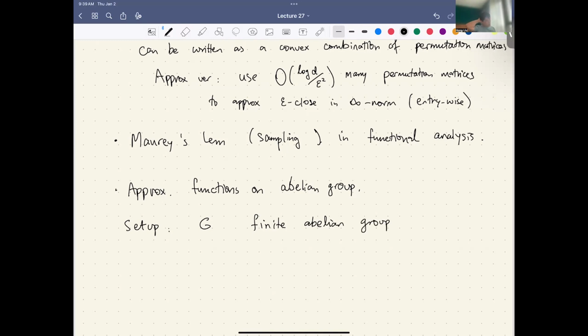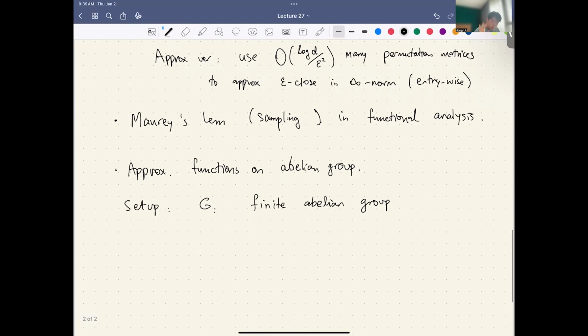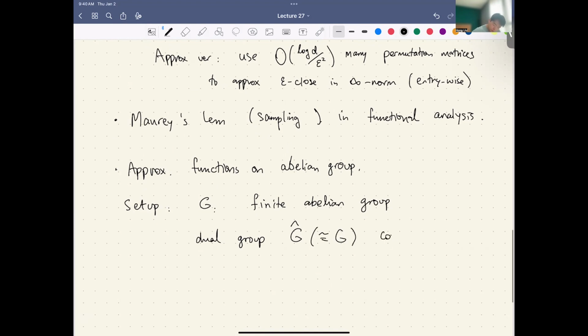If you don't know the background, take this as granted. We have some finite abelian group, and there is something called the dual group, which is isomorphic to the group itself, consisting of so-called characters, where the elements are called characters.